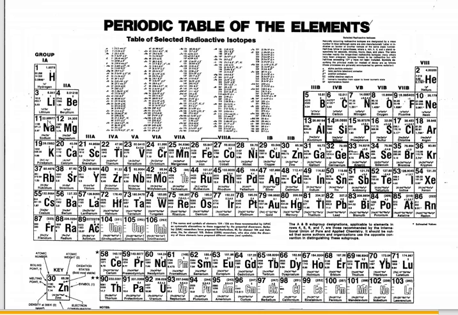So if I were to hand you an atom of sodium, it would weigh about 23 atomic mass units. I know that 11 of that 23 weight is due to the protons, so that means that the other 12 has to be due to 12 neutrons.